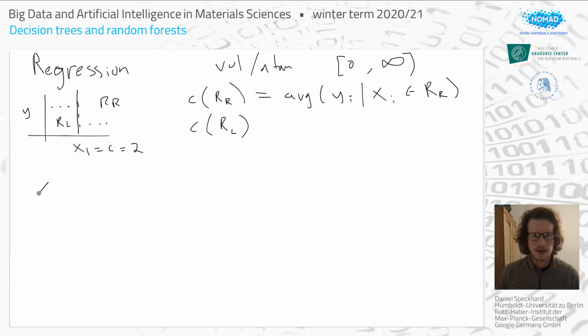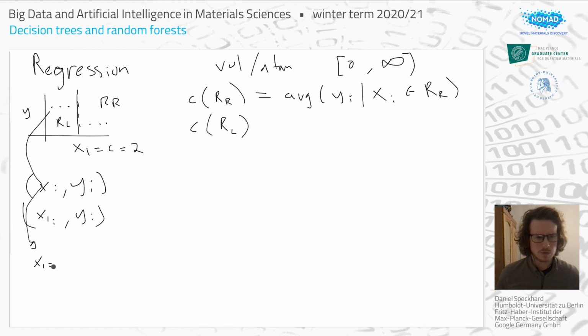What do I mean by xi and yi? Well, we have pairs of data points here. I actually call this x1, so this will be x1i and yi. So it's two subscripts, sorry about that. But we have rows of data. This is one column of data, and we have our target column of data. Imagine this data point here. What will that value be? That'll be x1 equal to, let's say, 0.5.